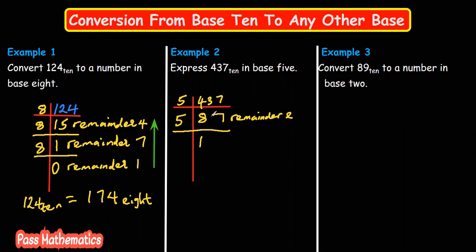It remains 3. 3 comes here, it becomes 37. So we have 7 again, remainder 2. So we write it here. The remainder should be written down, 2. And then we continue again until we get to 0, which is going to be the last.